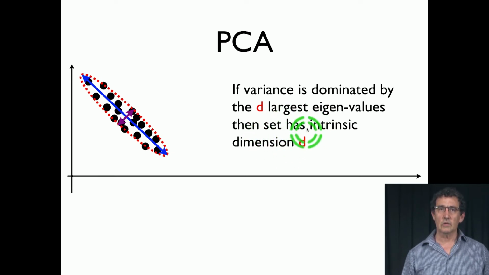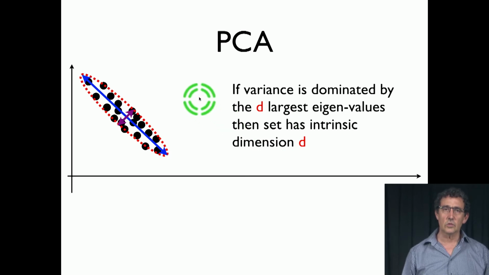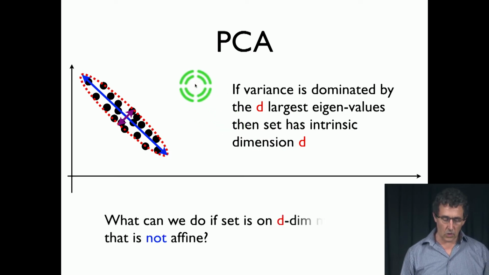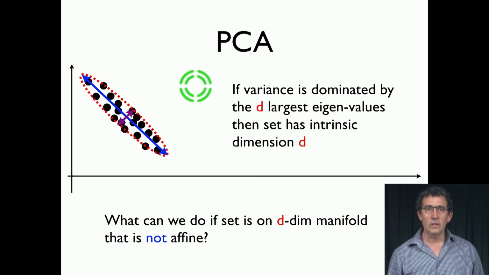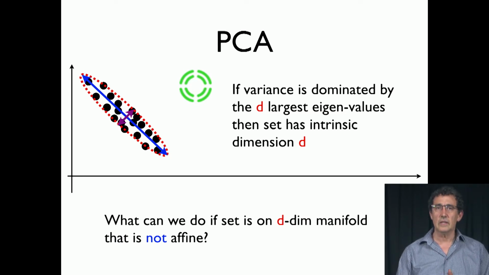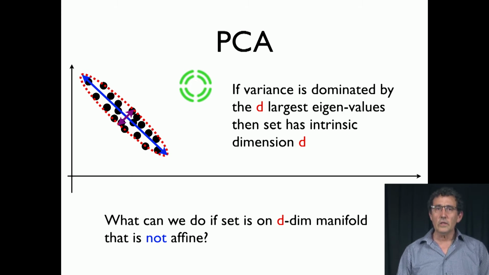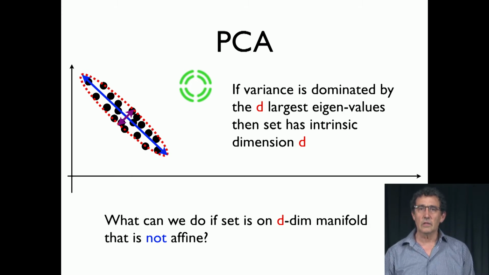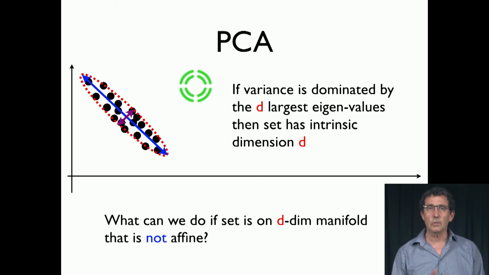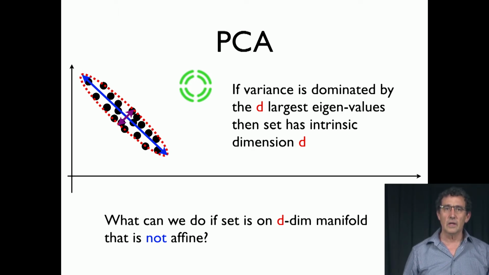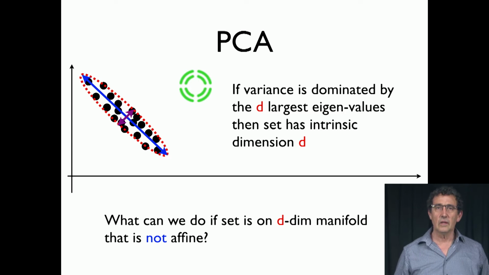We only care about these d dimensions, and the others are too small, we can neglect them. So this is good when we can do this using linear algebra. Basically, we're just saying that the data is close to a hyperplane. But what can we do if the data is not on a hyperplane, if it's not an affine data set? What can we do then if we want to find whether the data is lower dimension?